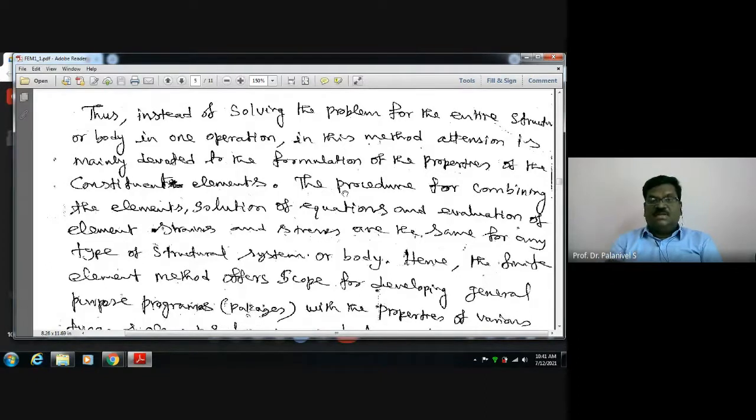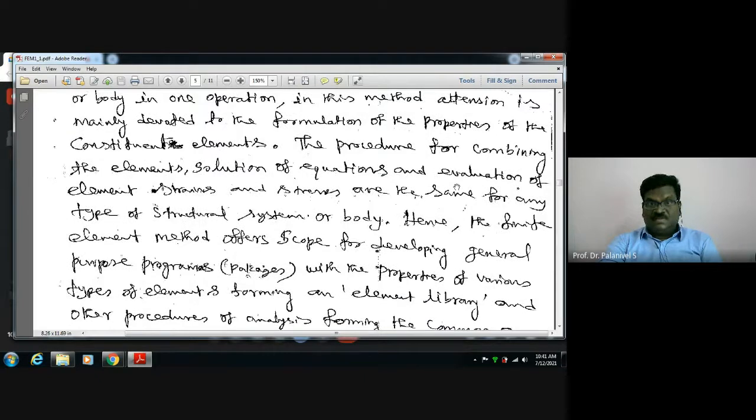Both the geometrical and material properties are required to formulate the shape function, the element stiffness and all. The procedure for combining the elements, the solution of the equations and the evaluation of element strains and stresses are the same for any type of structural system or body.